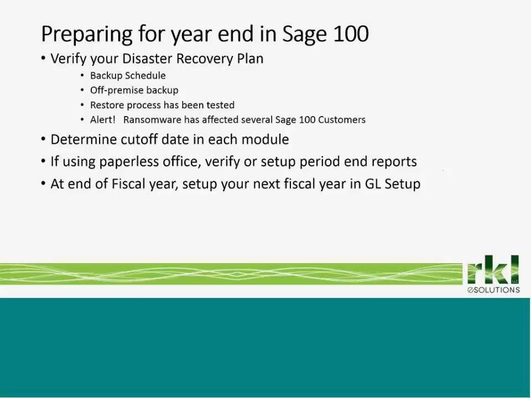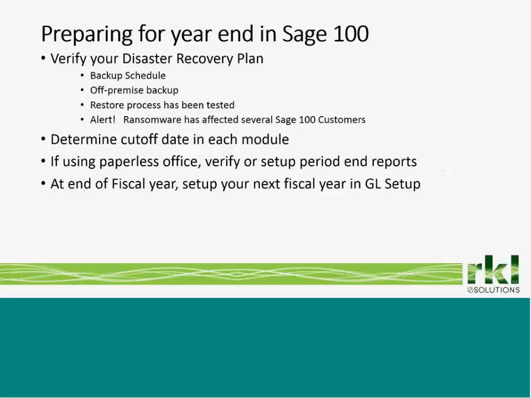And one of the most important things about a backup is periodically testing to make sure you can restore from a backup. I think many of you have probably heard of ransomware, and we've actually had several Sage 100 customers being hit with ransomware. What it does is it actually manipulates your file structure so that the program becomes unusable, and you either have to pay the ransom or have a good backup that you can restore back to.